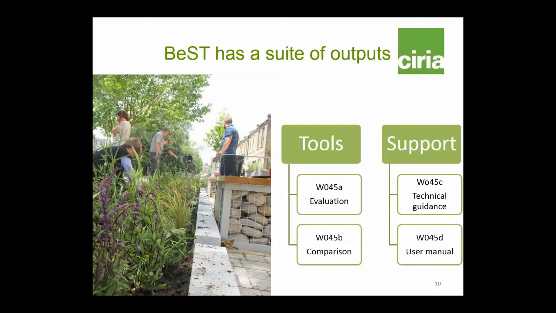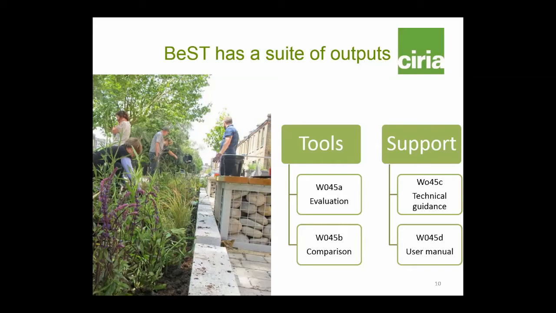So BeST has a suite of outputs attached to it. There's W045A, which is the evaluation tool. That's the main tool itself, which is Excel based. We built it in Excel purely from a functionality perspective, to allow quite quick updates in the first instance. In the long term, whether that changes, we'll see how the tool develops.